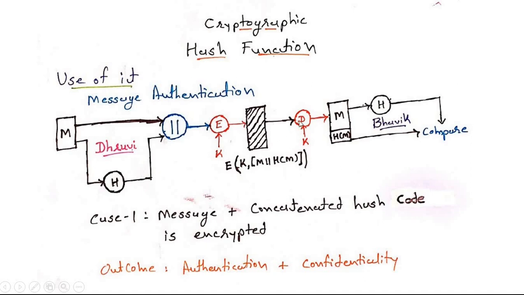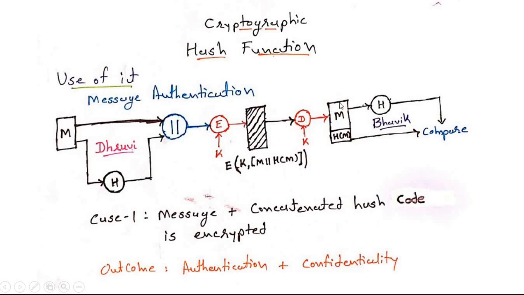Now what will happen on the destination side? Whenever Bhavik receives the message, first Bhavik will apply decryption according to the key. The key is well known to both parties, sender and receiver. So the receiver will apply the key, and accordingly Bhavik will be able to decrypt the message.